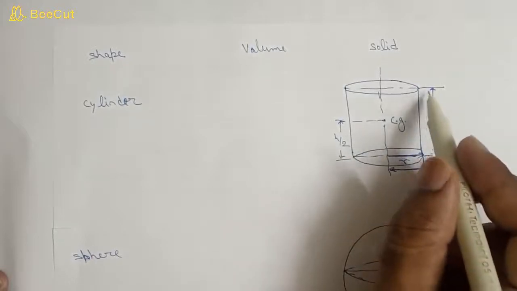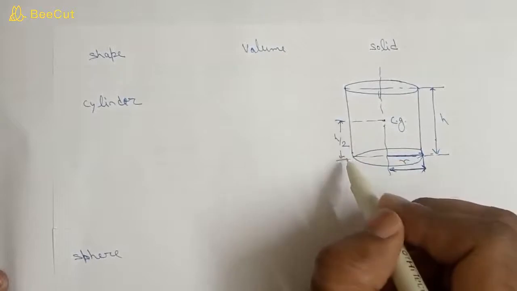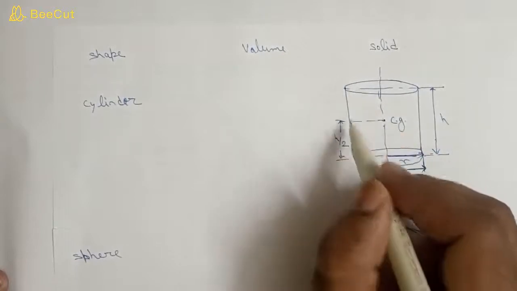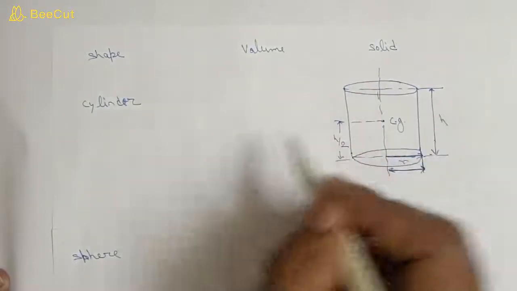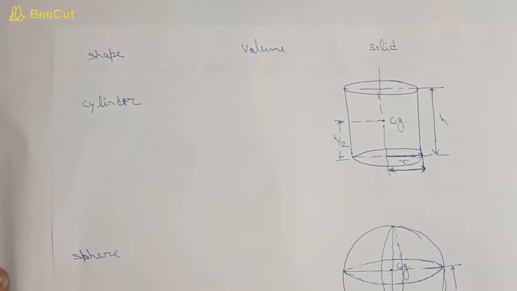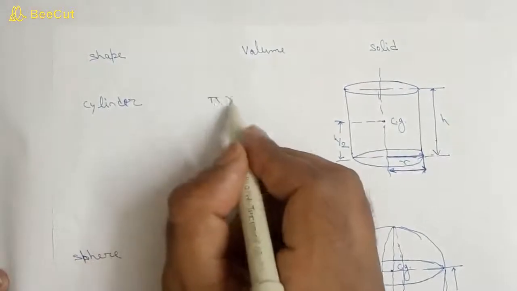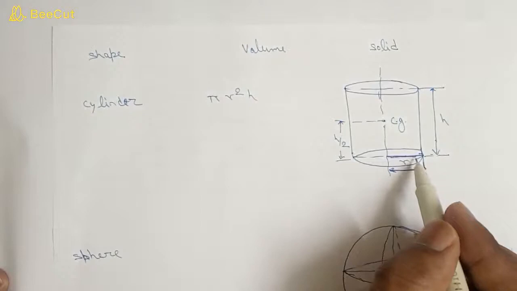So if height of the cylinder is h, its center of gravity will be at h by 2, either from top or bottom, and this will be located at this vertical axis of the cylinder. And volume of this cylinder will be pi r square into h. If r is radius, pi r square into h. R is this radius of this cylinder.